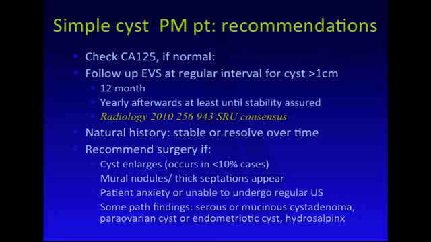If there are, of course, mural nodules or thick septations, or in some cases, surgery will be recommended if the patient is very anxious about that cyst or unable to undergo regular ultrasound. And in the Kentucky study, again, some of the pathologic findings that they had were either mucinous or serous cystadenoma, para-ovarian cysts, endometriotic cysts, or hydrosalpinges.